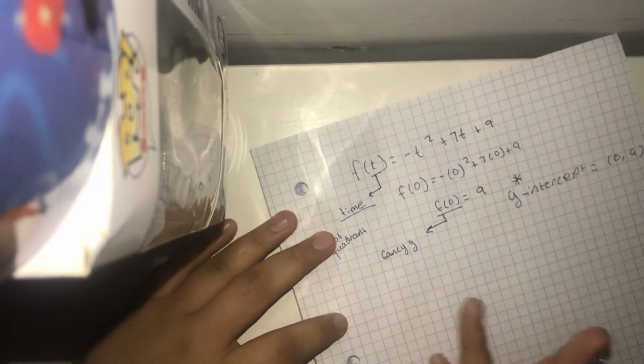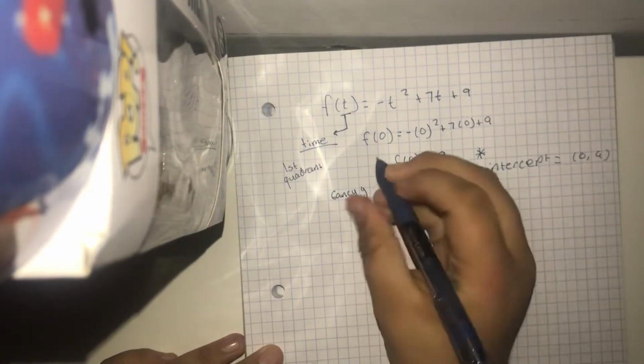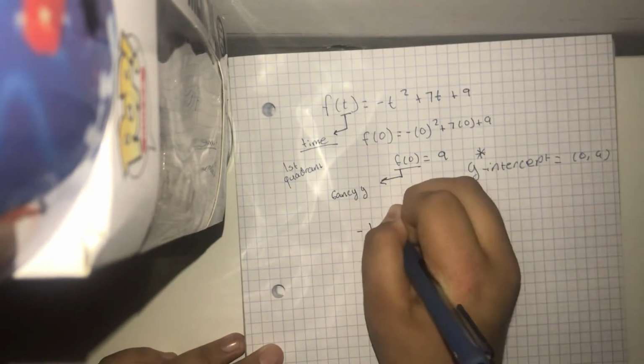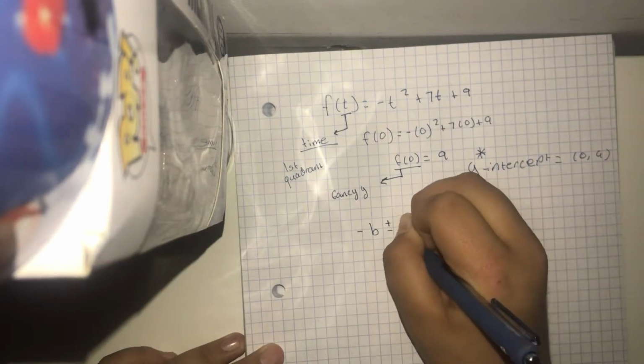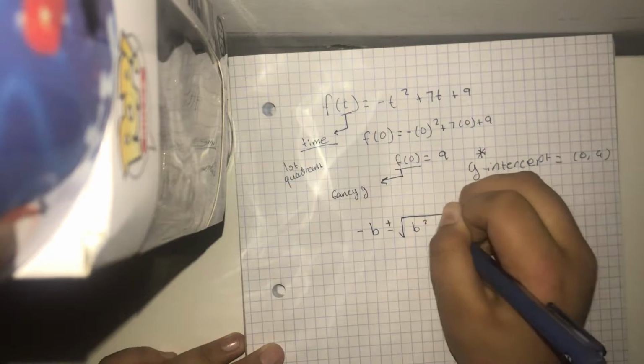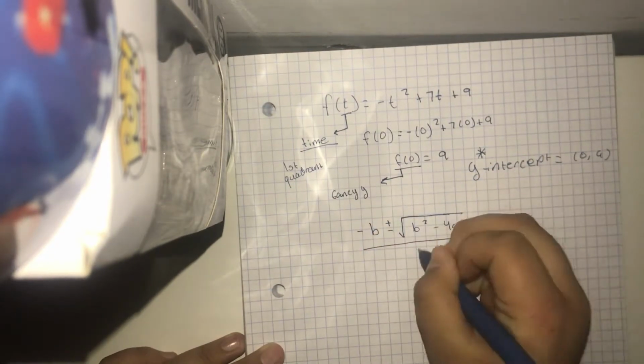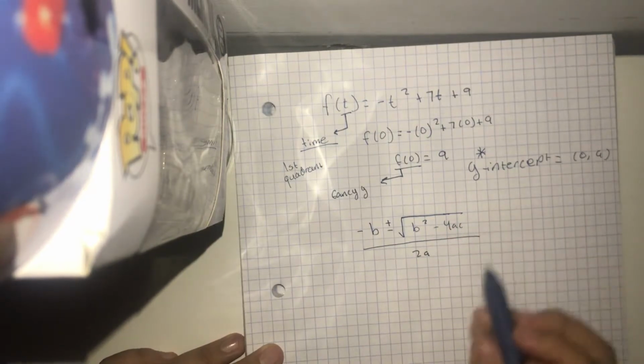Next, we have to find the x-intercept, which is a little bit more tricky. Since this equation cannot be factored normally, you have to use the quadratic equation, which is negative b plus or minus the square root of b squared minus 4ac all over 2a.